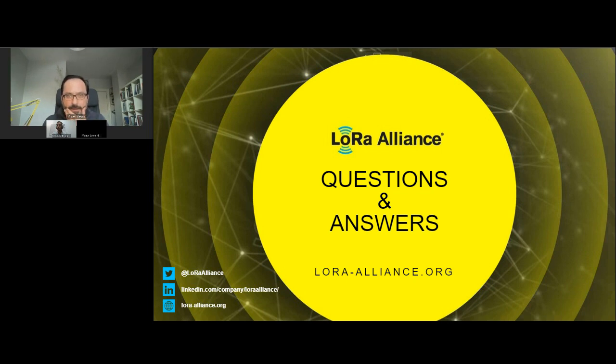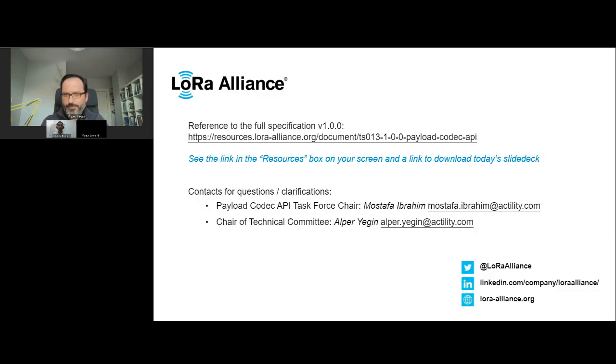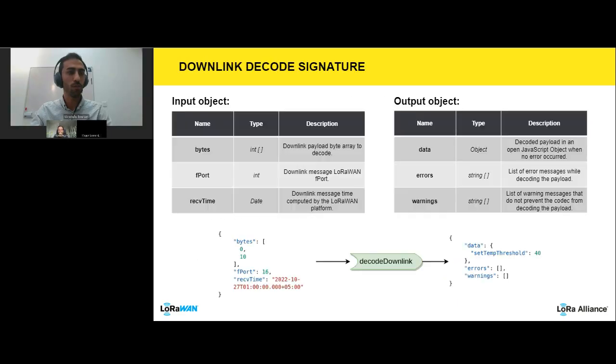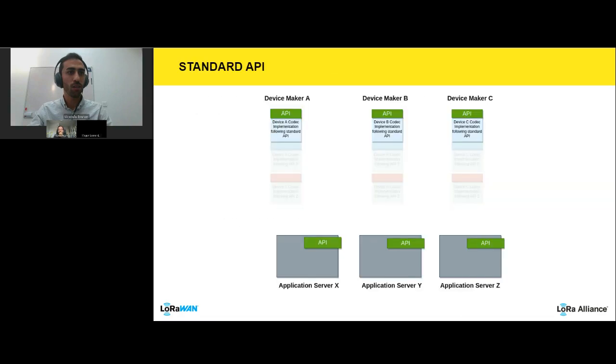Let's see, okay. Here's the next one. It seems that the end device makers do not have to change anything. This payload codec is more oriented to standardize the exchange of data between the LoRa gateway and the network server. Is this correct? No. Actually, I will go back to a previous slide, the example that we presented.